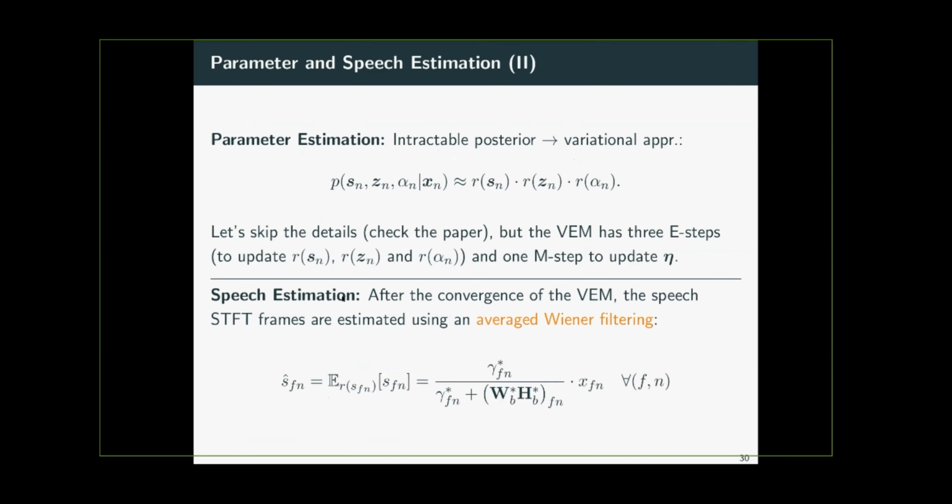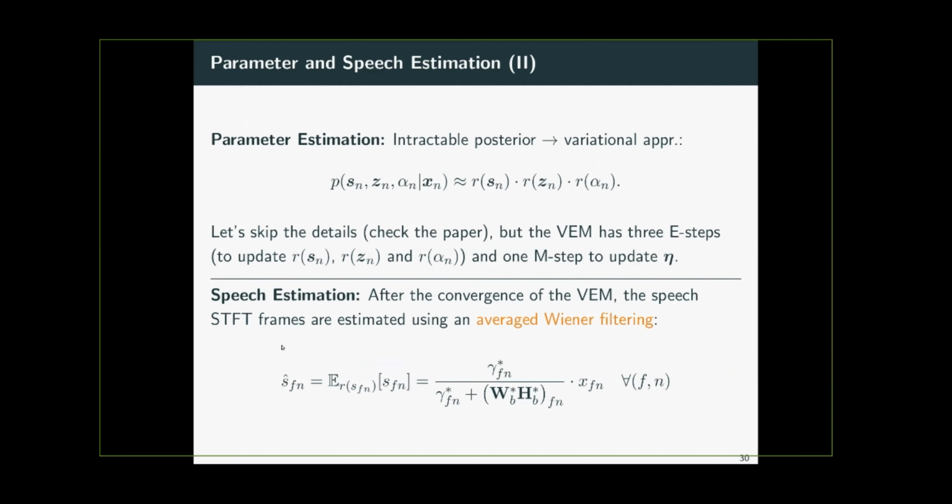Okay, and if we run this, now I put even fewer details because it really requires a lot of derivations to obtain this. We obtain a variational EM this time, in which we are able to update the 3 posterior distributions of S, Z, and alpha, and to update the parameters eta.